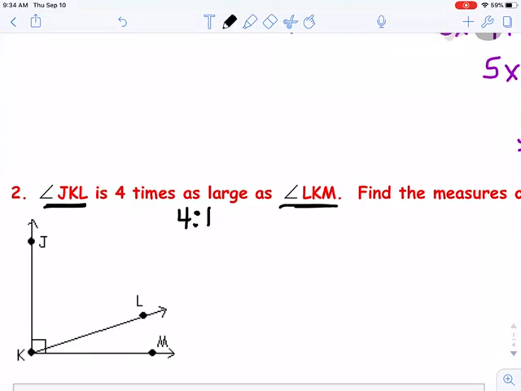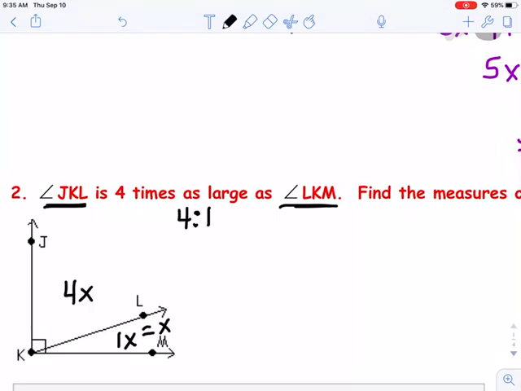That's just the ratio. We don't know the exact measure. In math, when we don't know something, we like to call it x. So rather than call JKL 4 and LKM 1, I'm going to call them 4x and 1x, which is just x.